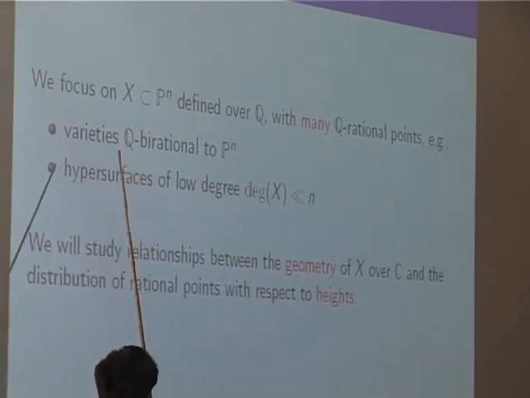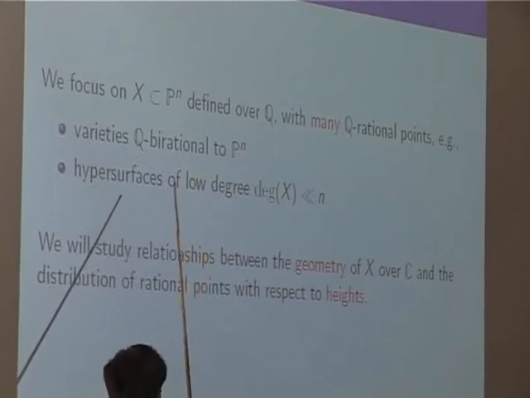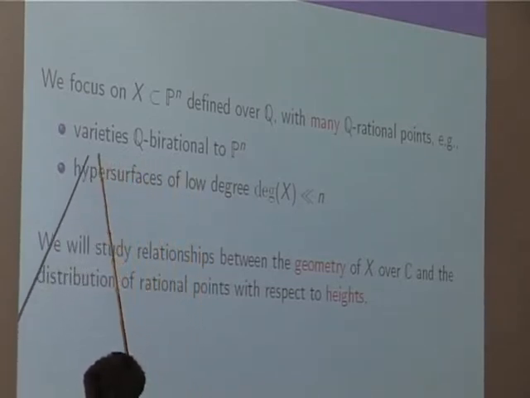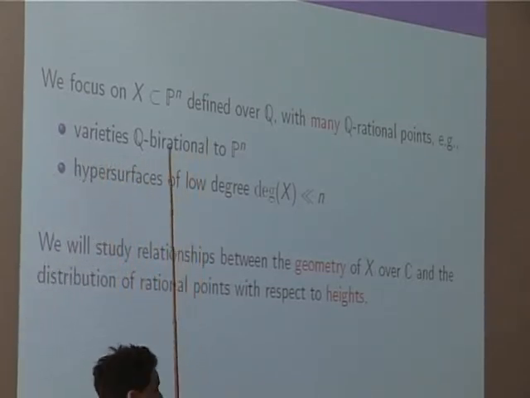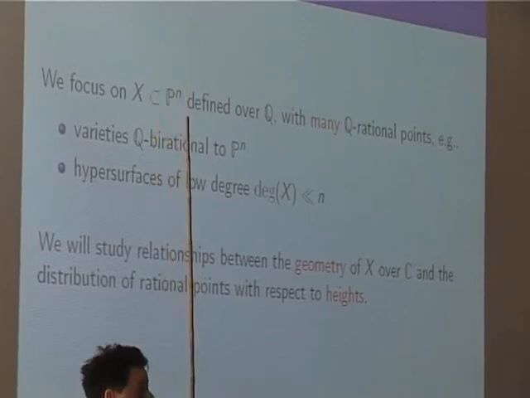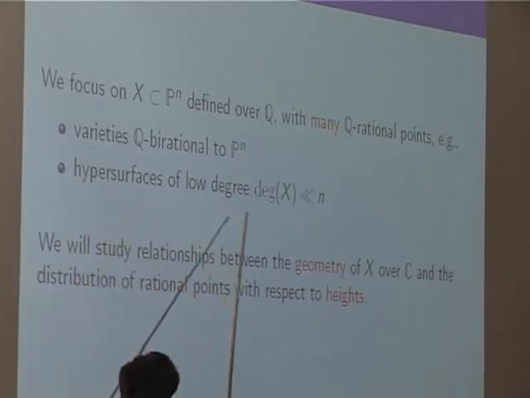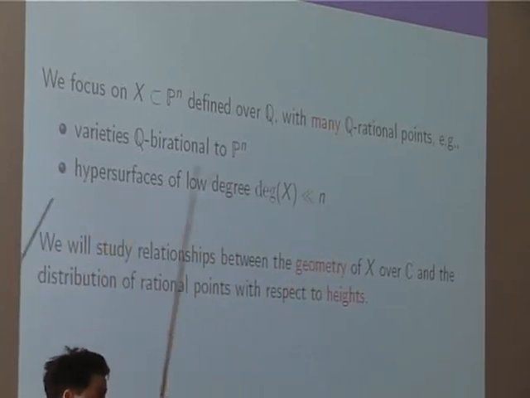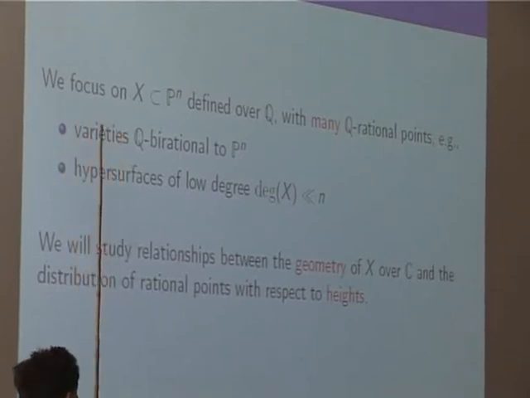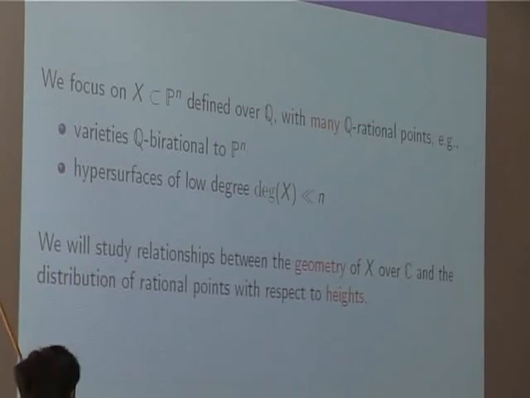We don't know whether in all such cases rational points are, say, Zariski dense, or there are infinitely many of those. Well, the easiest class of varieties would be to take a projective space and do something to it, like blow-ups of P2. Or we could look at hypersurfaces of very low degree and then rely on either the circle method or on some geometric manipulations when n is very, very large.